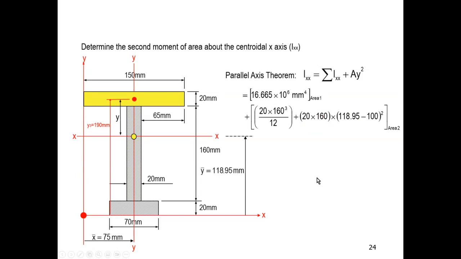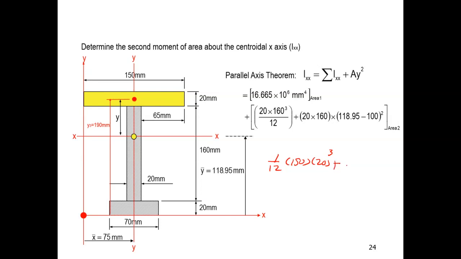And then we do that for the third shape. For the third shape, highlighted in yellow, the standard formula is 1 over 12 BH cubed. B is 150 and H is 20 cubed. And then plus the penalty.